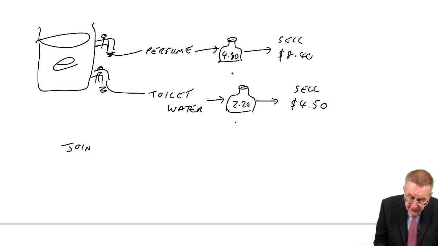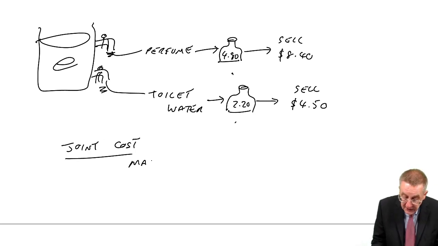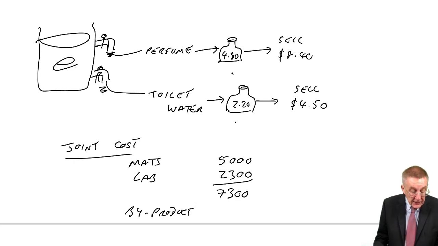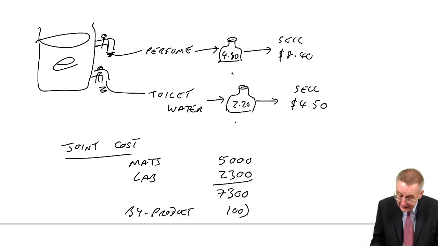What are the joint costs? It's the same as before. There are materials of 5,000, a labour of 2,300. The money from the byproduct, 500 kilos at 20 cents is 100.